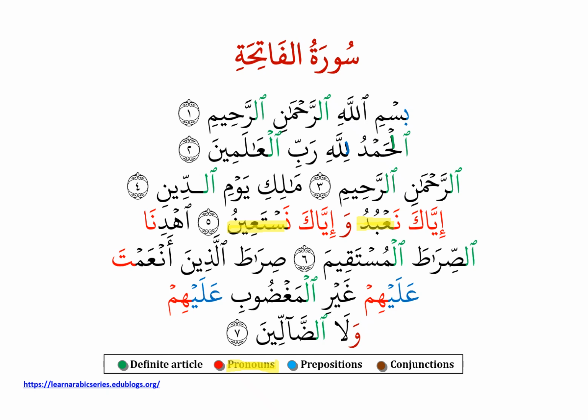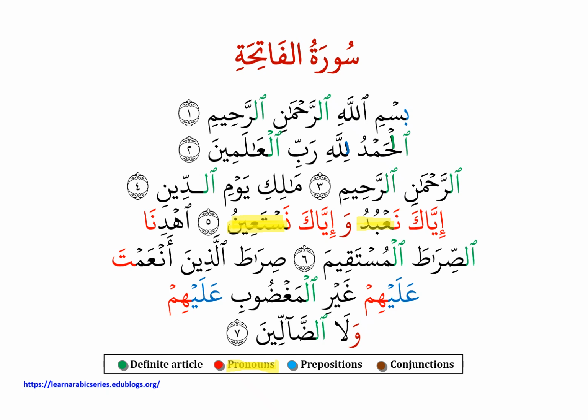Because in a noun, the pronoun is attached towards the end. But in a verb, it can be attached to the beginning of it or the ending of it. So if you see a pronoun at the beginning, like in na'budu, you know that na'budu here is a verb. And the same thing with nasta'in. So nasta'in here starts with a pronoun. So this is also a verb. For sure, it's only a verb.